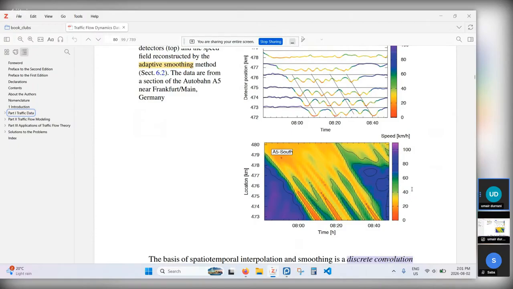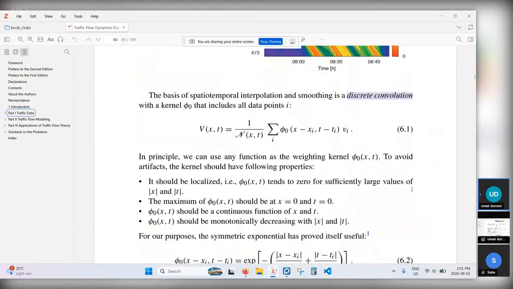To do so, there are two different methods discussed in this chapter. The first one is isotropic smoothing, and the second one is adaptive smoothing. For isotropic smoothing, this is the main equation for estimating the speed field, where we have a kernel, or a weight, that we obtain by looking at the difference between the point of interest x and the detector location xi, and the point of interest in time t and the ti coming from the detector.